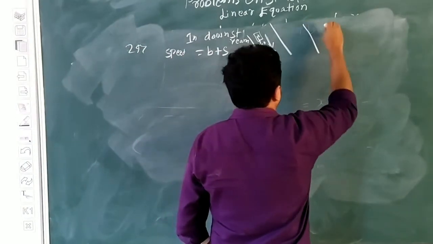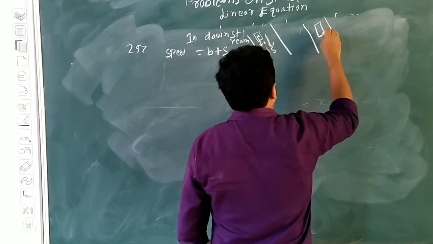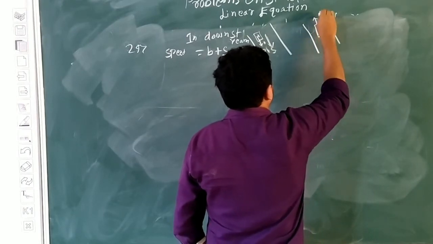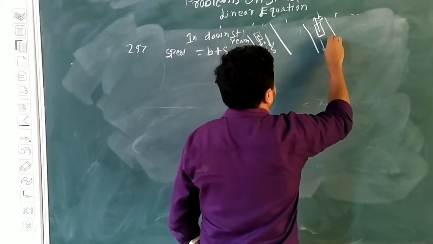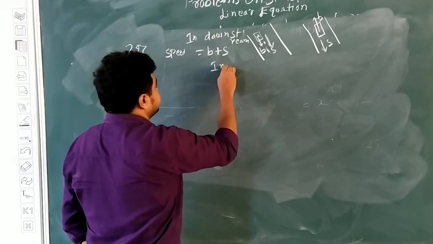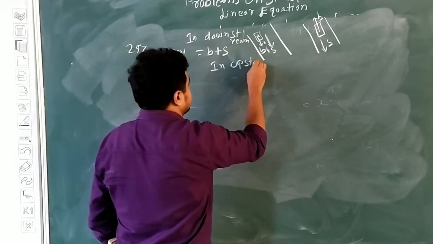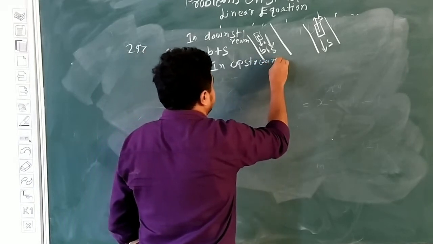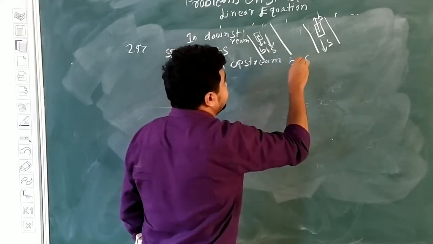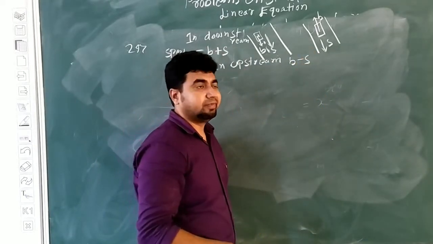Now if the boat is going upward, but the speed of the stream will always be downward, as we know. So in this case, in upstream, it will be v minus s. Speed of boat minus speed of stream. Speed of stream means speed of river.